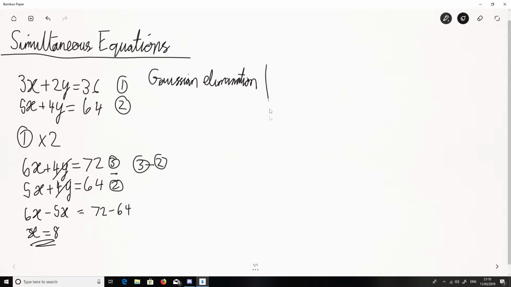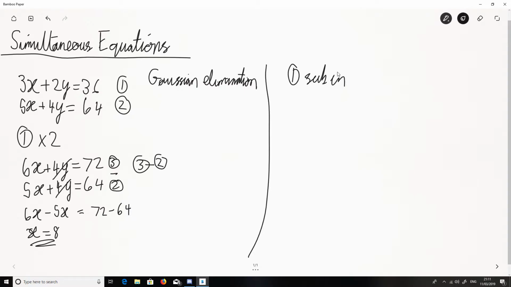In order to solve for the other unknown, the method is to quite simply substitute the value we've got back into one of the equations and then solve it for y. In this case, we'll sub x equals 8 into equation 1.